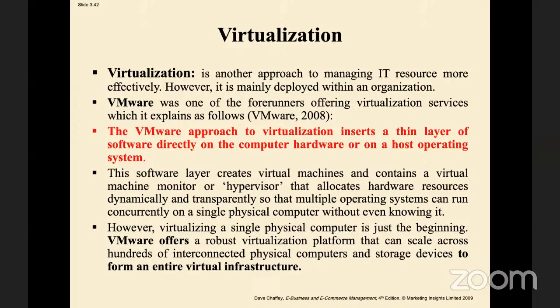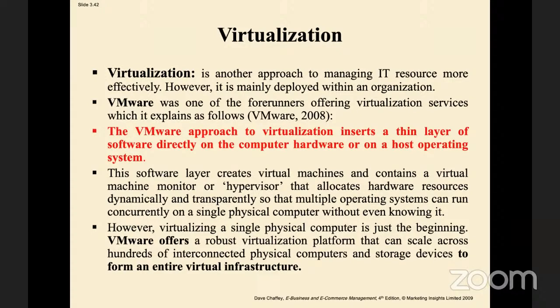So it is some type of layer that is being created that does not physically exist, but it makes sure that it exists on that particular computer where it is created. However, virtualizing a single physical computer is just the beginning. VMware offers a robust virtualization platform that can scale across hundreds of interconnected physical computers and storage devices to form an entire virtual infrastructure.